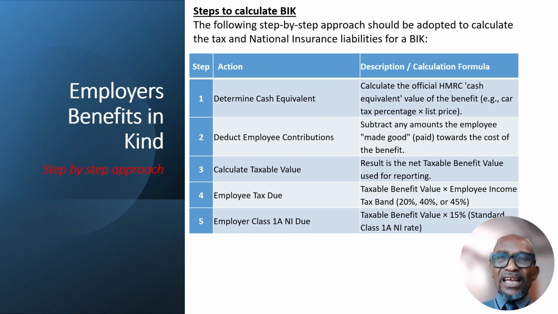The car itself, I have to remind us here, is based on the market price of the car. If the list price is 30,000, then based on the CO2 emission of that car, the value will be the list price, say 30,000, times the CO2 rate. That's the value of the car benefit. You have to get that down.